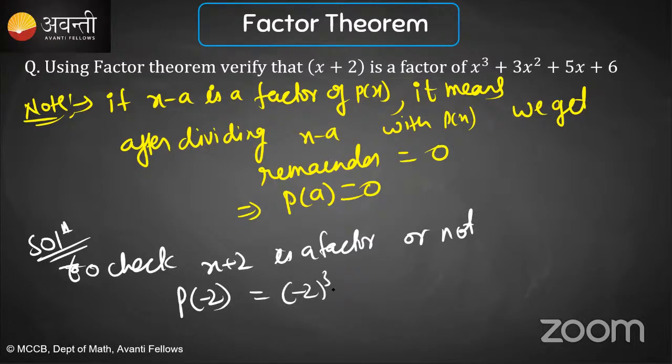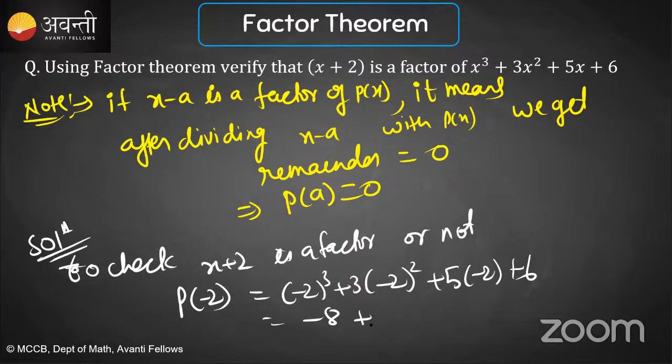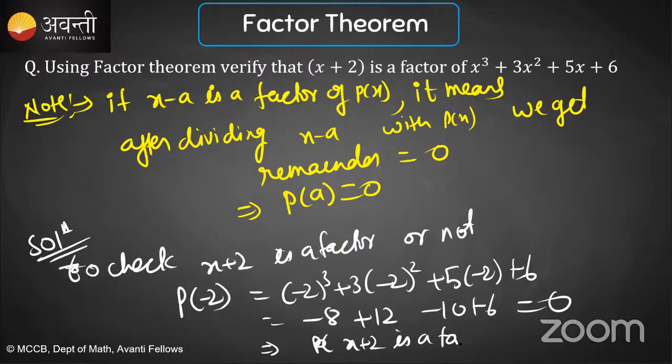So minus 2 cube plus 3 into minus 2 square plus 5 into minus 2 plus 6. So this is nothing but minus 8 plus 12 minus 10 plus 6, which is nothing but 0. So p of minus 2 is equal to 0. It means, hence it is a factor. It implies x plus 2 is a factor.